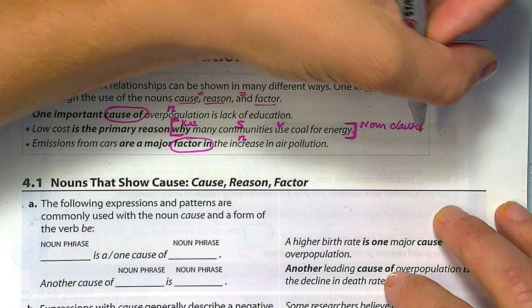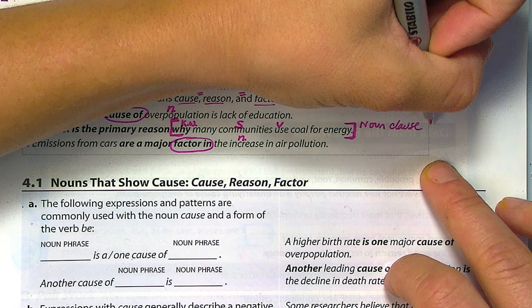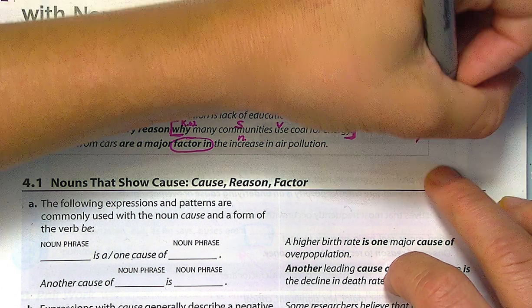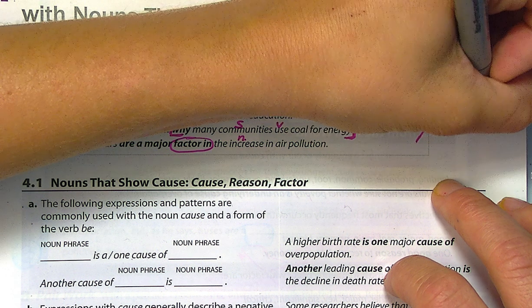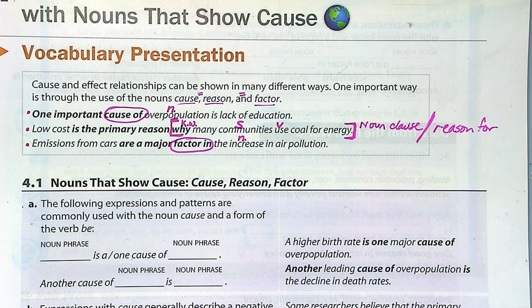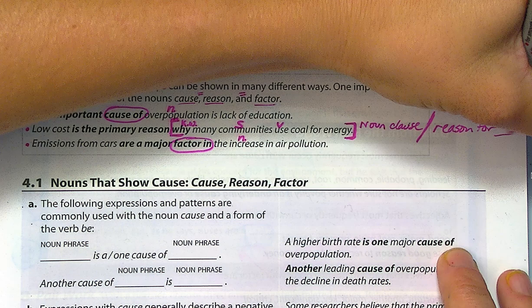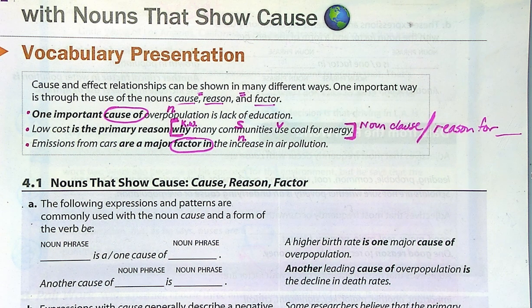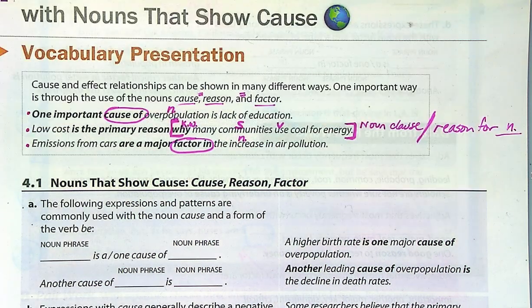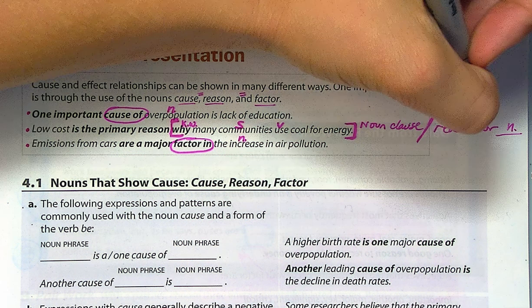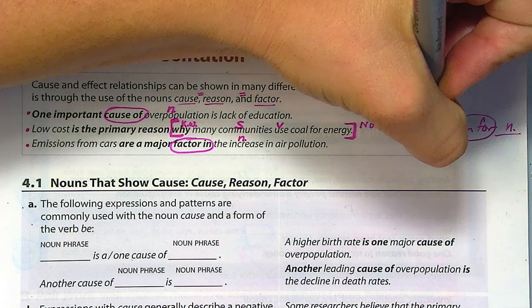You can make a little note right here: you can also say reason for something. If you have reason for, what part of speech needs to come after that? If you say reason for, you need a noun after it because we know that our prepositions require a noun. In this case, I'd like you to circle reason for.